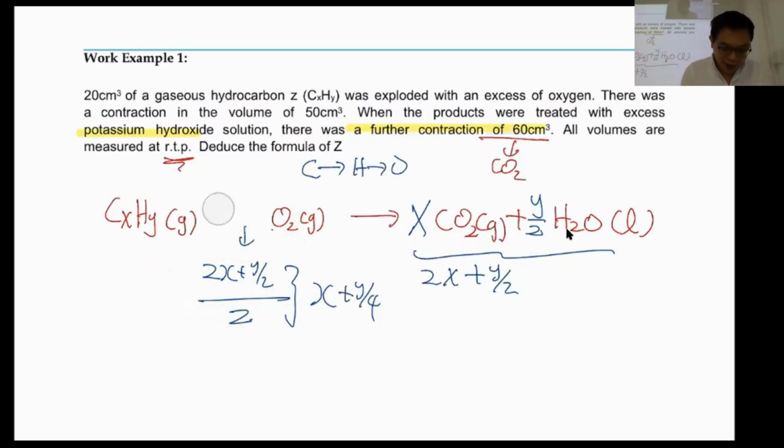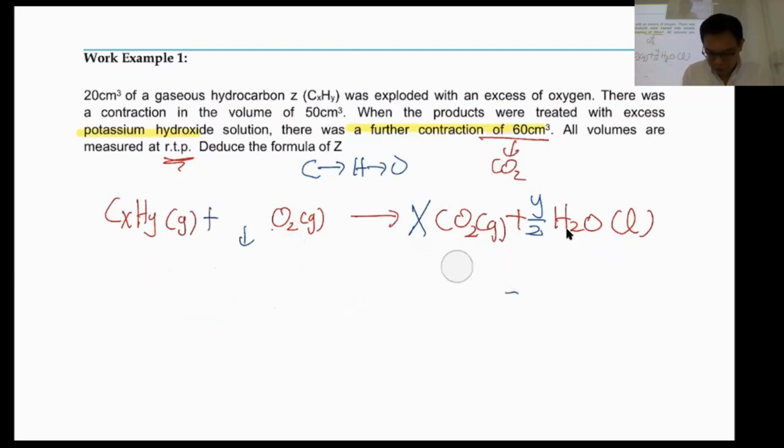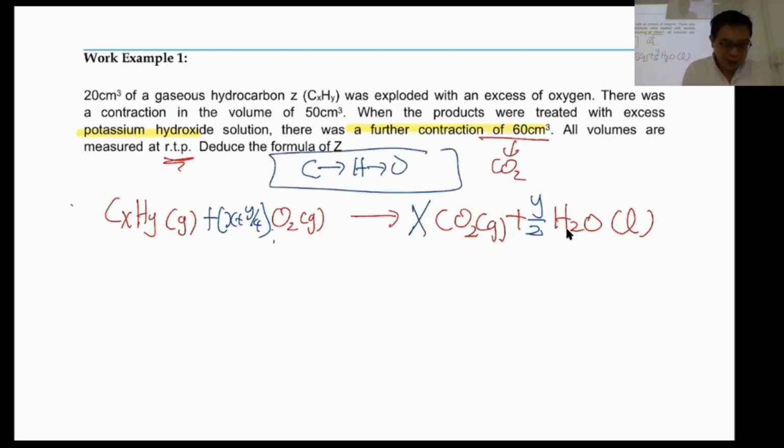So right now, let me just delete this away and let me move this value in. And this will be x plus y over 4, sorry. Now here we go. How to balance this hydrocarbon combustion equation. There's not really anything to memorize. All you need to do is 10 seconds of CH. So this is step 1.